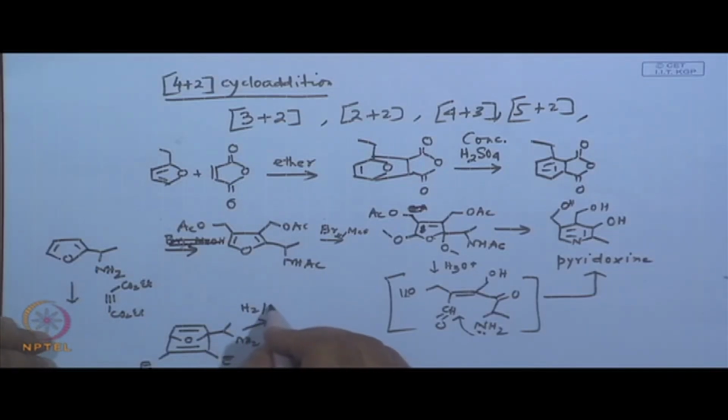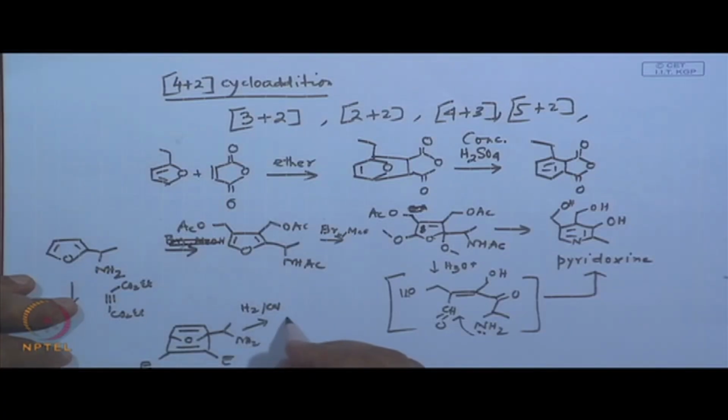If you have hydrogen and catalyst, only one of the double bonds would be reduced, and in the hydrogenation case it is the one that is actually more exposed to the catalyst. So, that means this one will be reduced and the rest remain as it is.